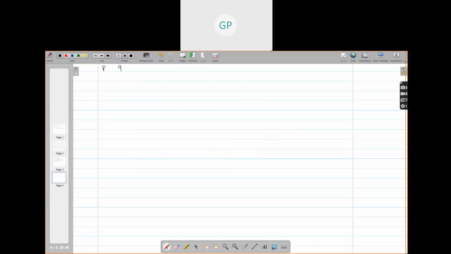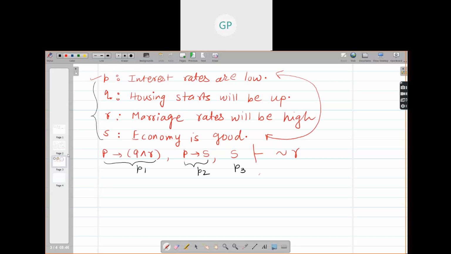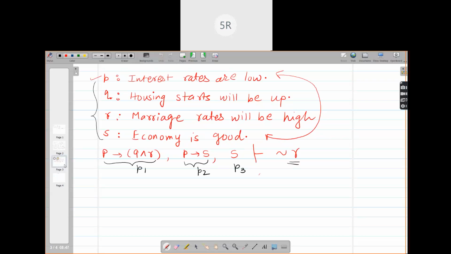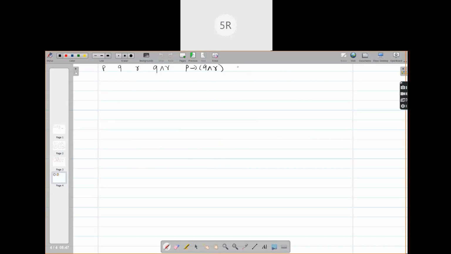So P, Q, R. Then you need negation R. Q and R first we will require. Then we require P implies Q and R, and P implies S.